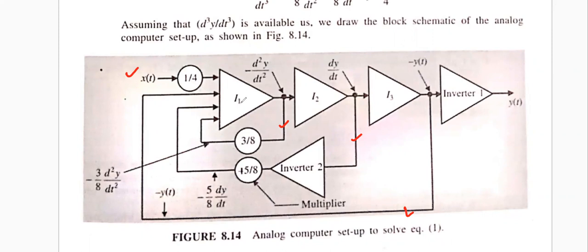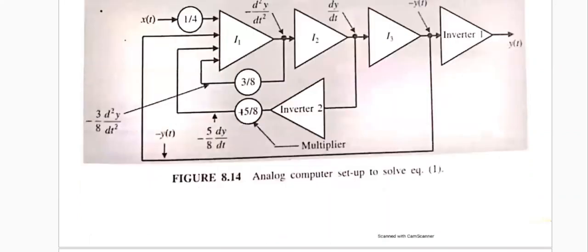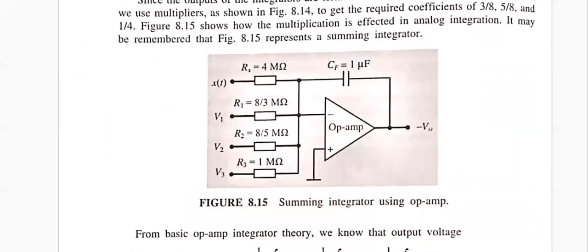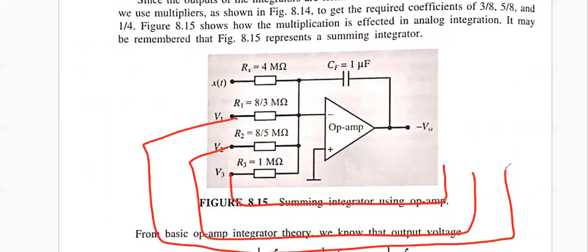And of course, this is a summing integrator circuit because the signals are summed and integrated as well. We know the summing integrator circuit from our basic understanding, and the circuit looks like this. This point came from the feedback, and this also came from the feedback. Only this one works like the input signal.